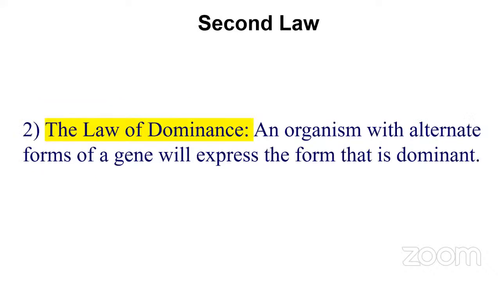Now the law of dominance. When Mendel crossed one tall pea plant and one short pea plant, all the F1 generation were tall. When he crossed the F1 generation plants, he found that 75% of the plants were tall and 25% of the plants were short.